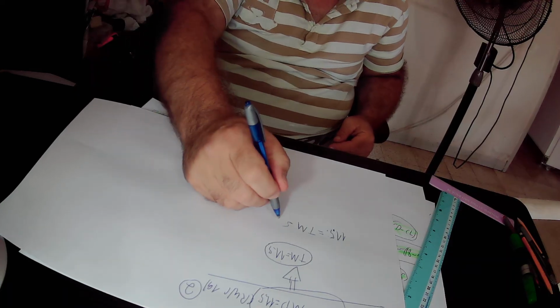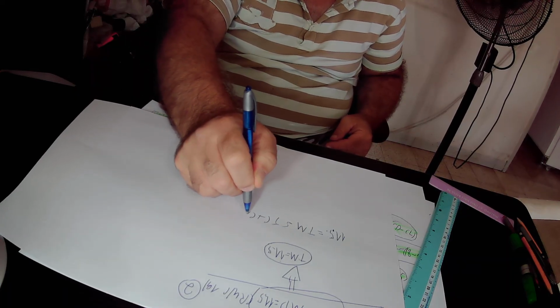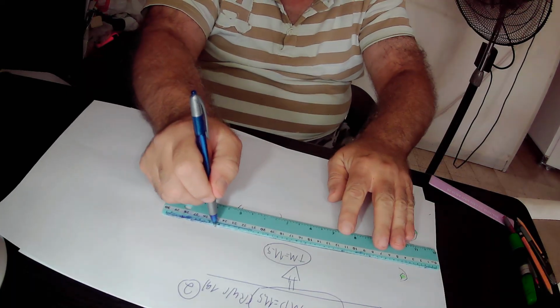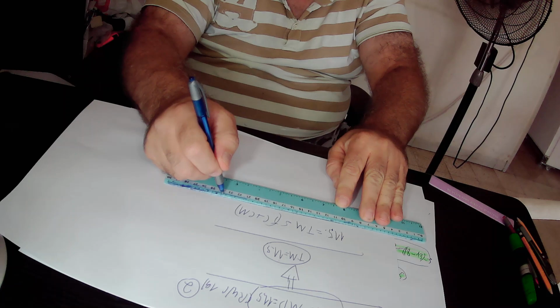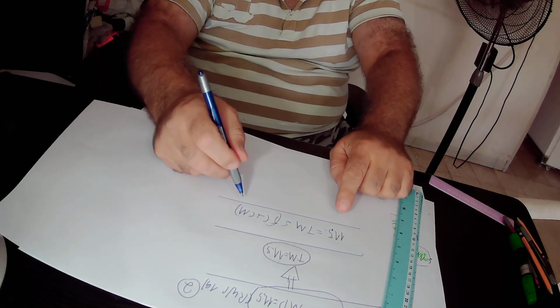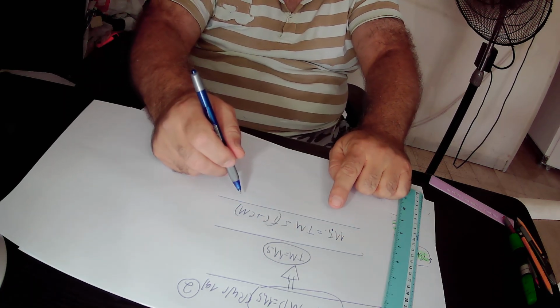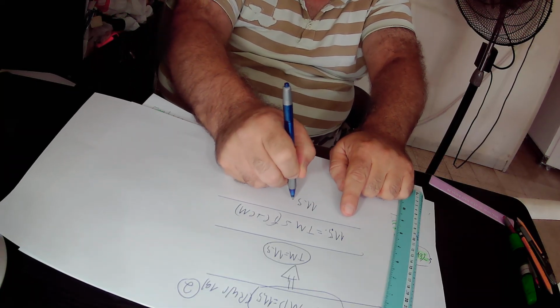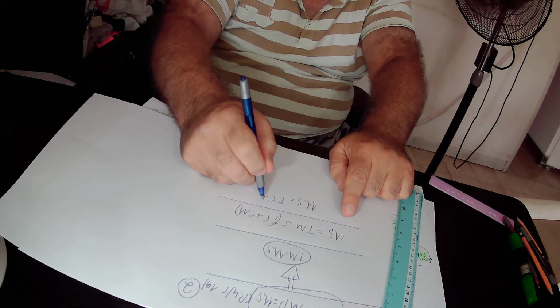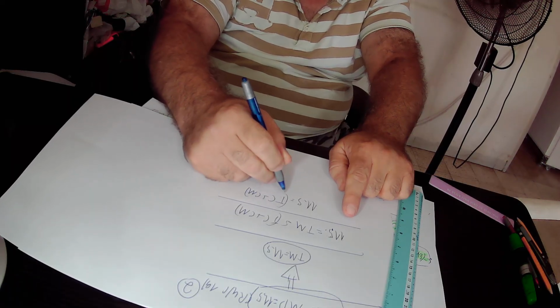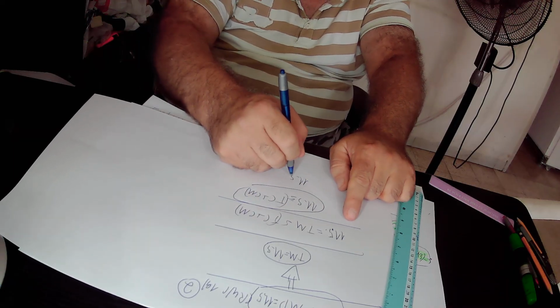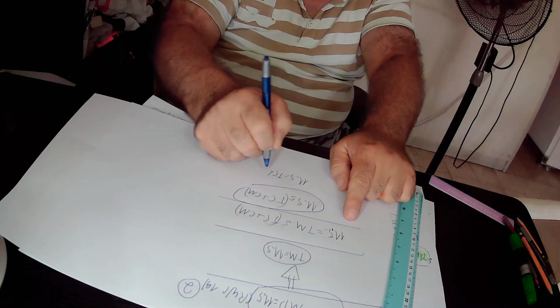So we can write that TM equals TC plus CM, and from this we derive that 11.5 equals TC plus CM.